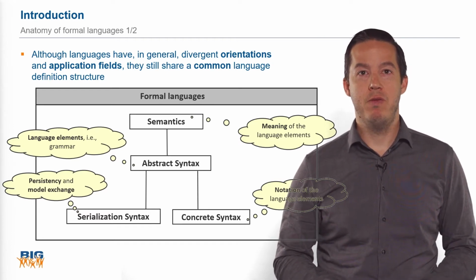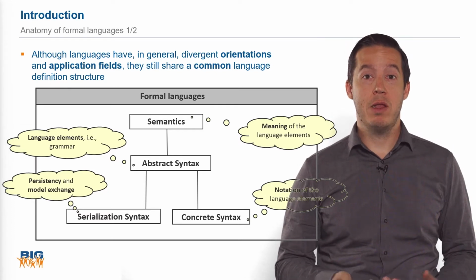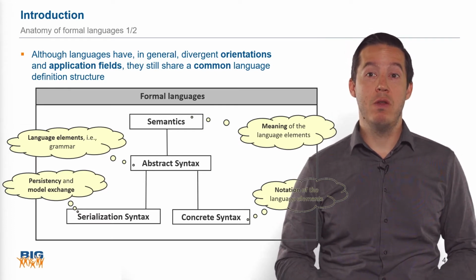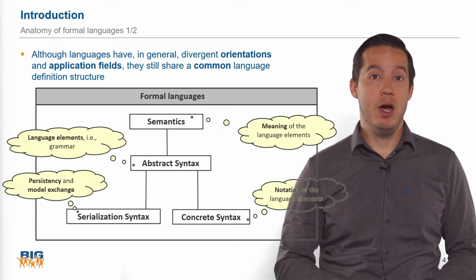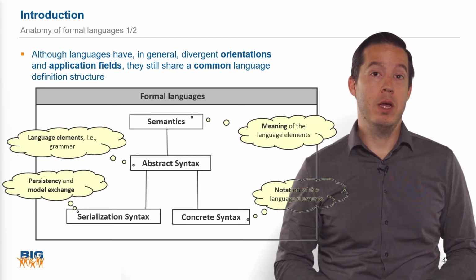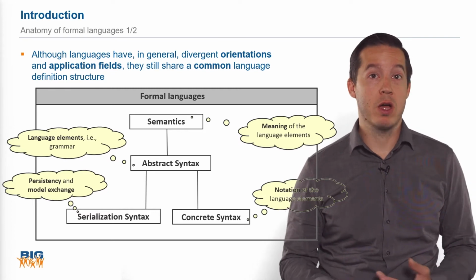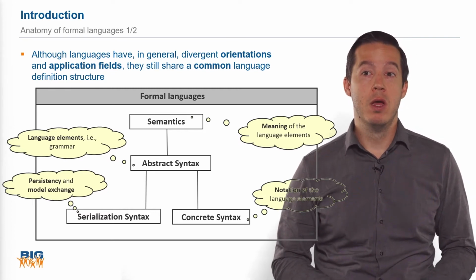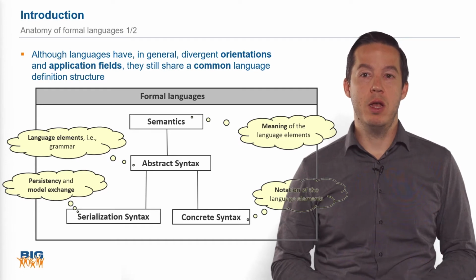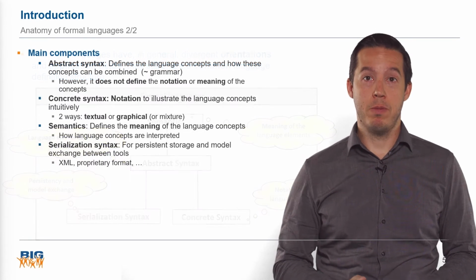Here we specify how the language elements that are introduced in the abstract syntax are represented for us humans. They can be textual or graphical, like we discussed last week, and this is what we define in the concrete syntax.